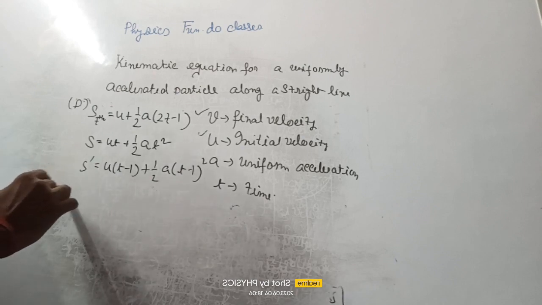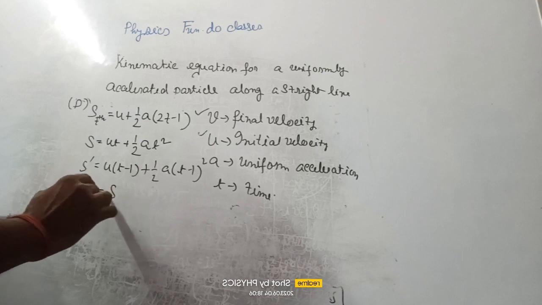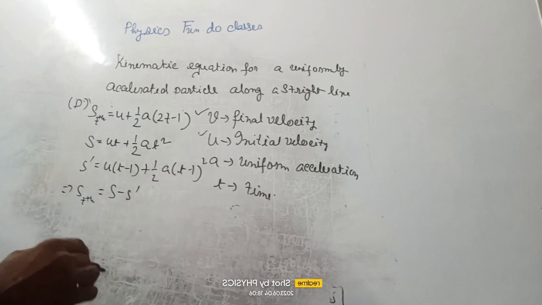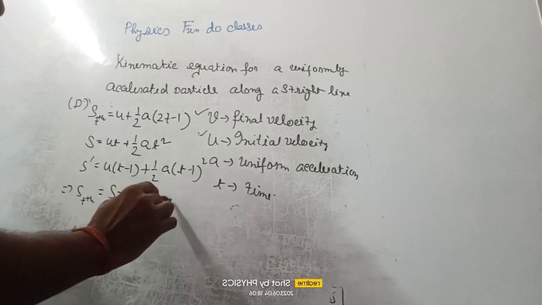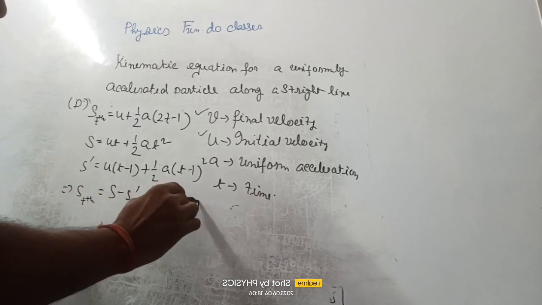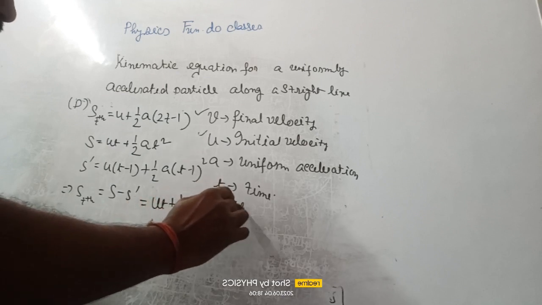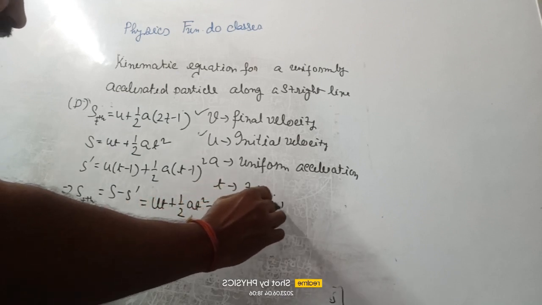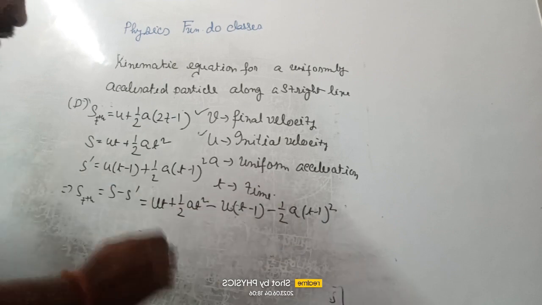Now s of tth is equal to s minus s dashed, that is equal to ut plus half a t square minus u into t minus 1 minus half a t minus 1 whole square.